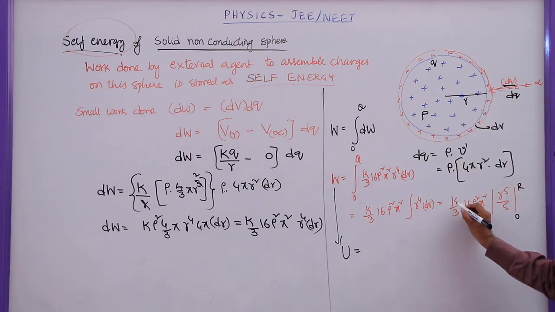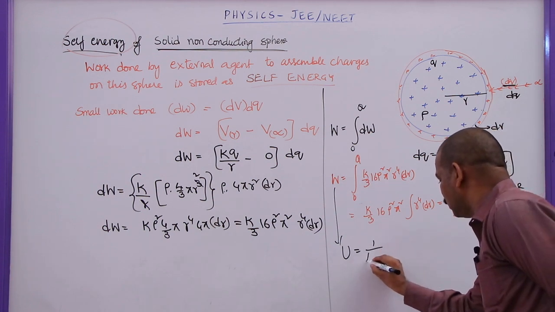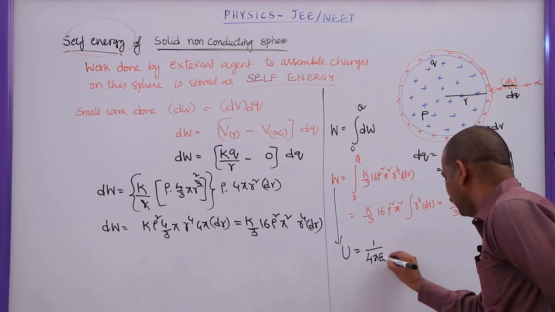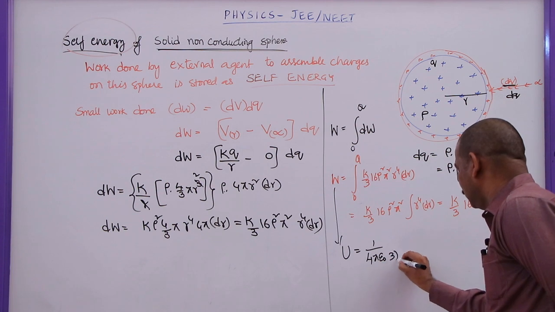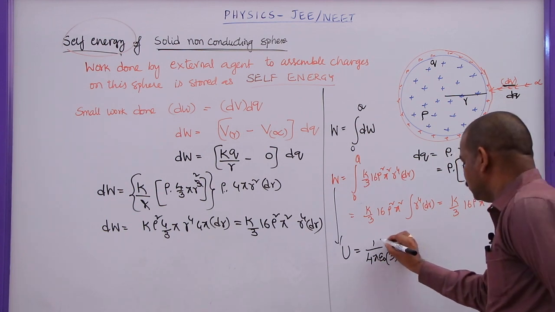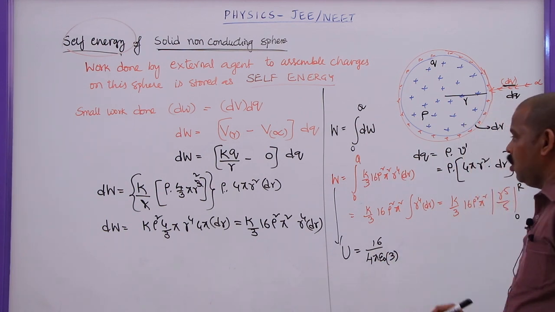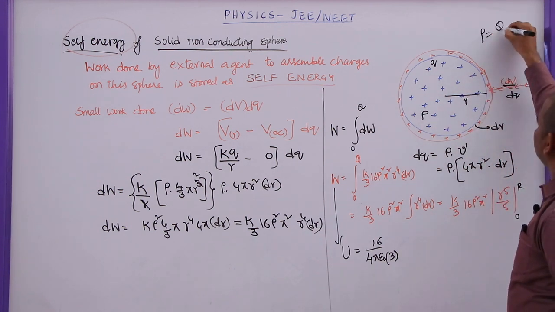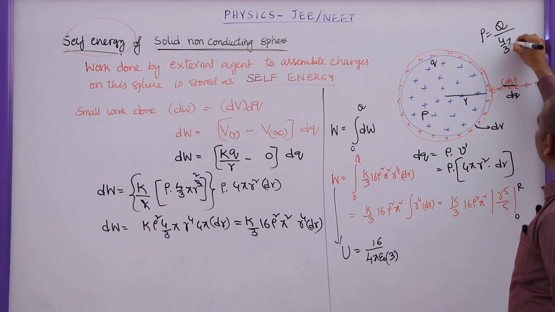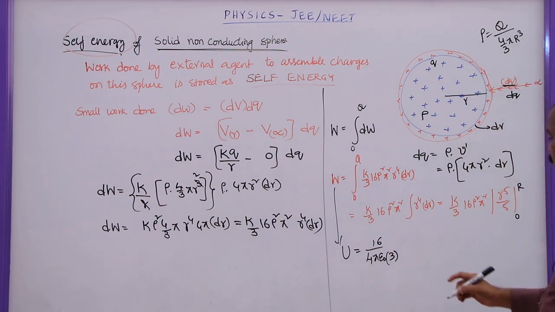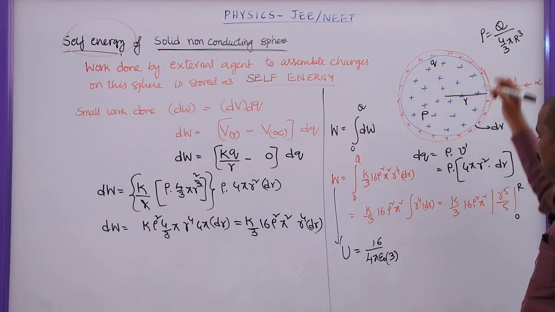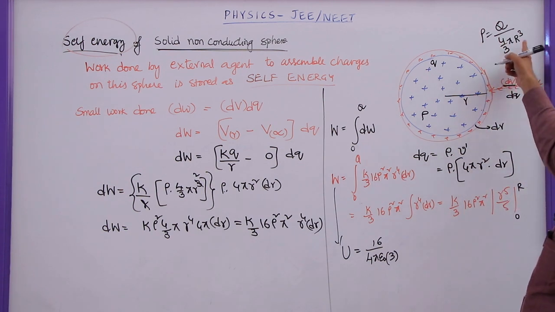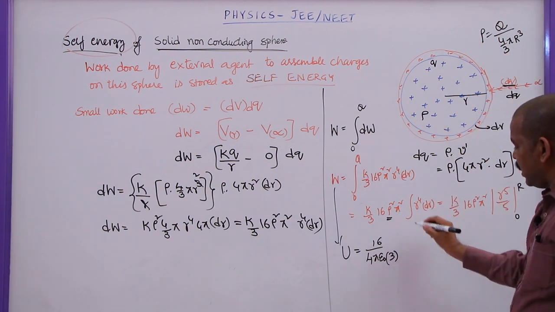The total work done will be stored as self energy. So I am substituting this one. K I know is 1 by 4 pi epsilon naught, so let me use that, and we have 3 in the denominator, 16 in the numerator. Rho is the charge density. The total charge is q and the total volume is 4 third pi r cube. So in place of rho you can write q by 4 third pi r cube, but this is rho square.